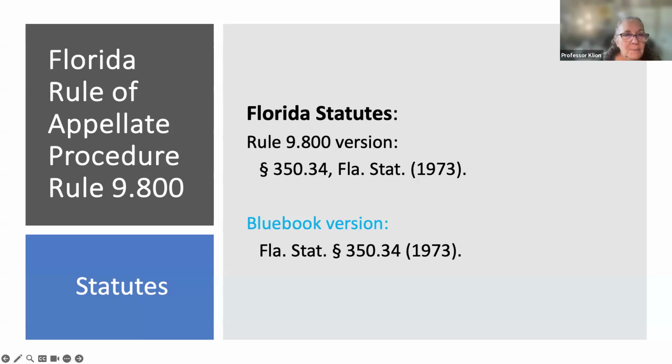However, in Florida, because you're usually in Florida court citing a Florida statute, they want you to put the number of the statute first, because that's what draws the most attention. So under 9.800, that same statute would be cited section sign space, the statute number, comma, FLA period, stat period, 1973. Those are the two big differences between the two.